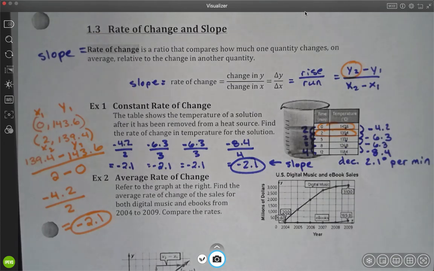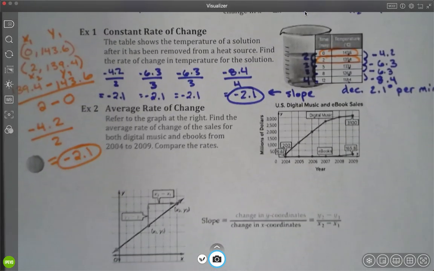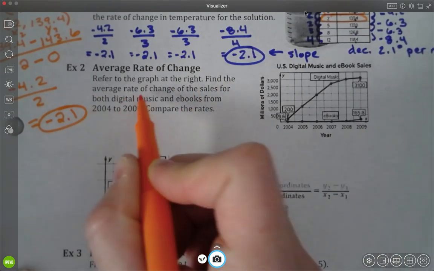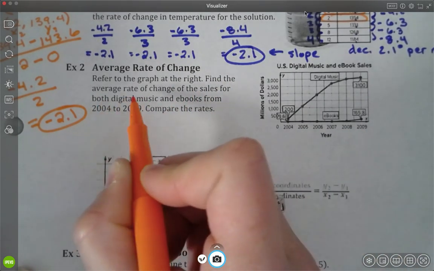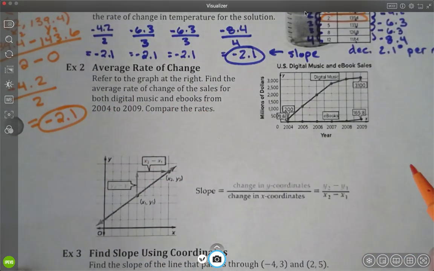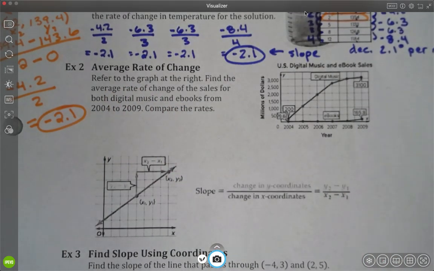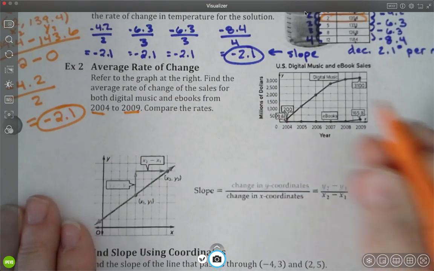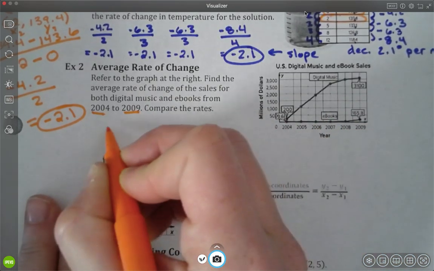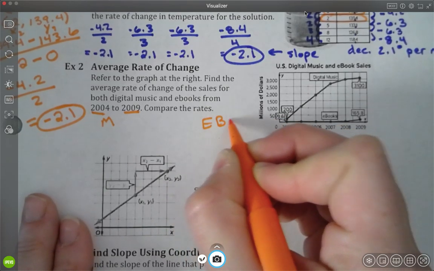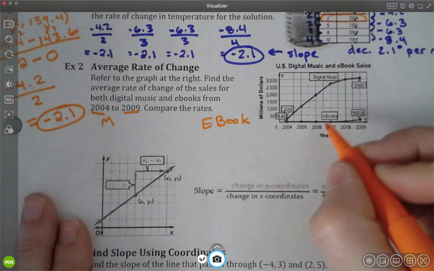Options are good, okay? Example 2, average rate of change. Refer to the graph at the right. Find the average rate of change for the sales of both digital music and ebooks from 2004 to 2009, okay? So 2004, 2009. Let's do music over here, and let's do ebook over here. Okay, music here, ebook here.